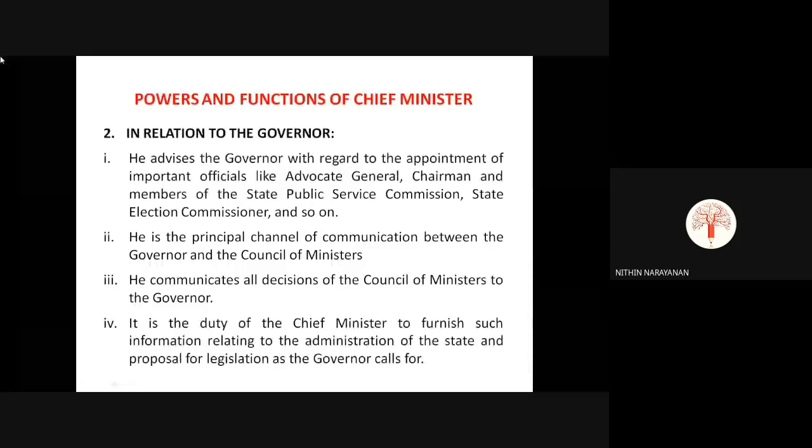It is the duty of the chief minister to furnish such information relating to the administration of the state and proposals for legislation as the governor calls for. Once the governor asks, the chief minister is responsible for furnishing any information related to state administration. Those are all his functions in relation to the governor.